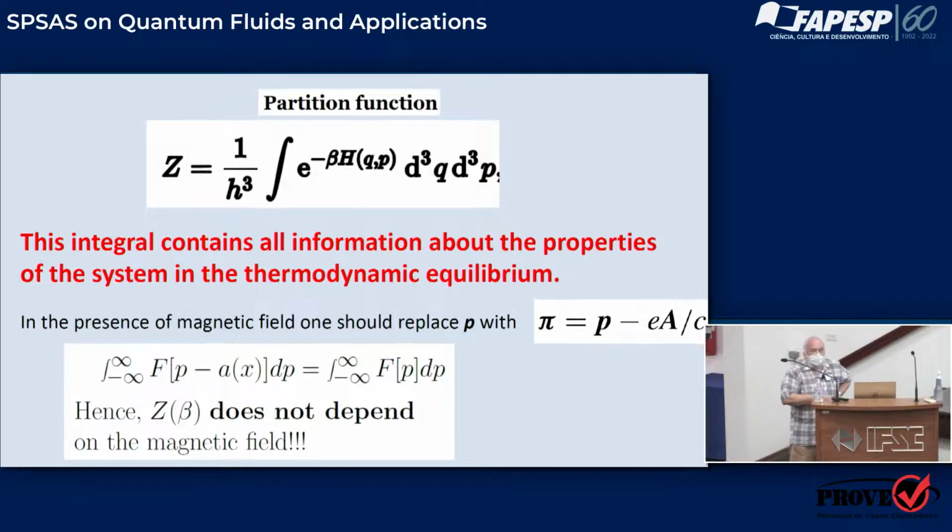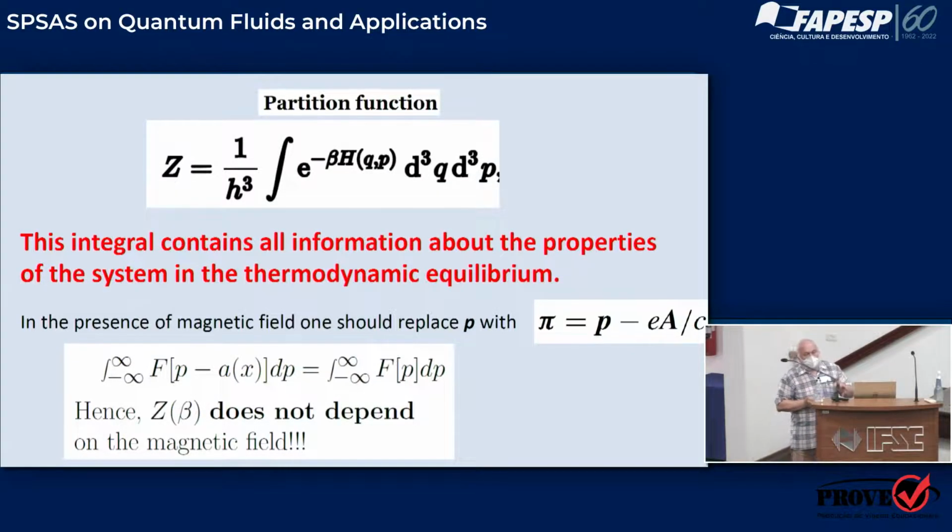We know that in the equilibrium state, everything can be calculated if we know the partition function. And in classical physics, since the papers by Boltzmann, Gibbs, we know what the partition function is. We take energy in the form of the Hamiltonian, put it in the exponential, and we must integrate over all phase space.